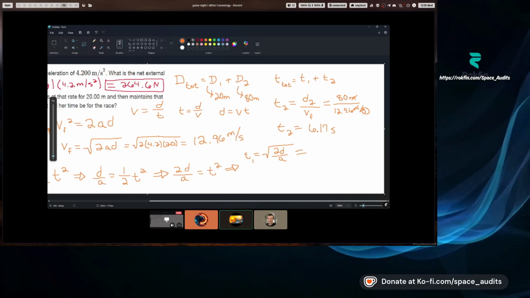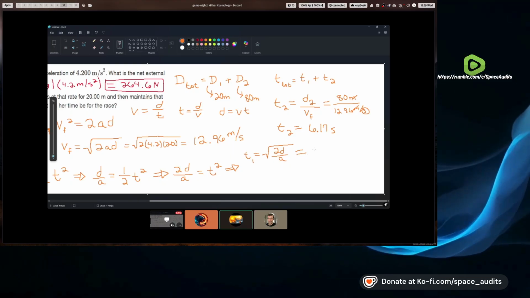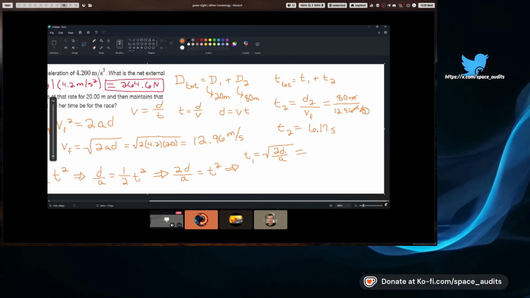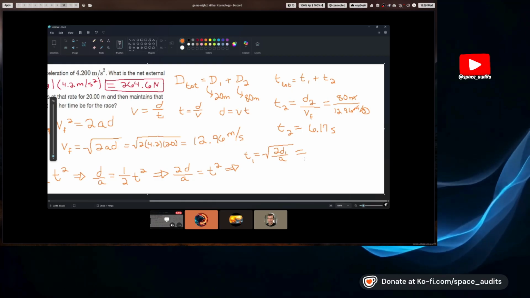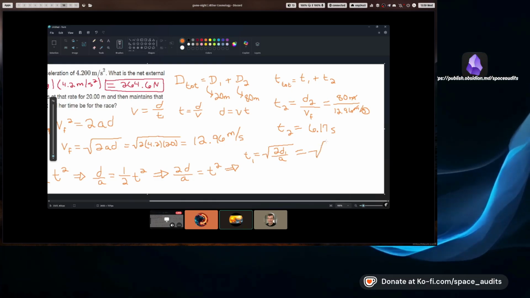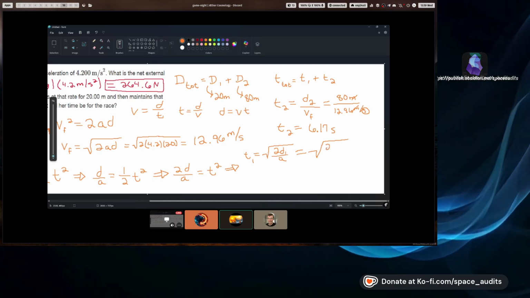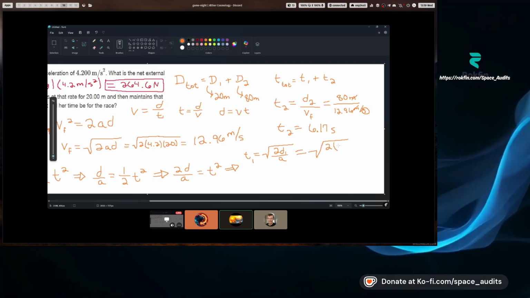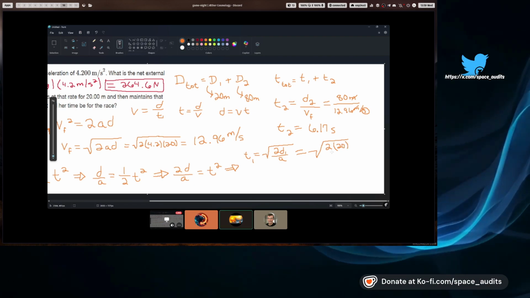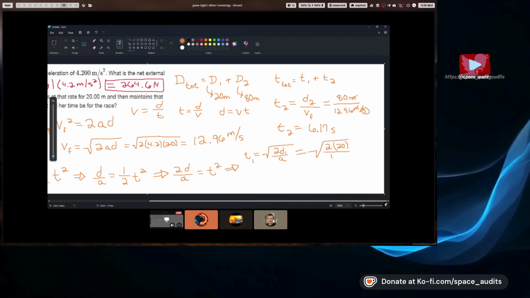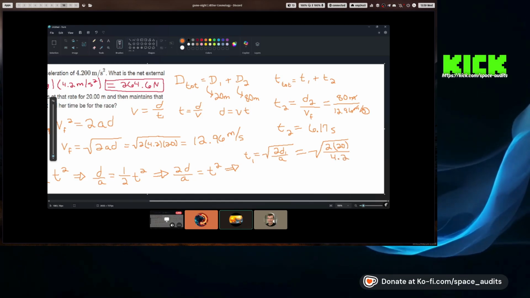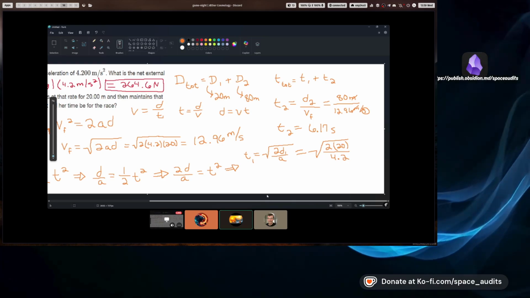This is for T1, by the way. So T1 equals the square root of 2D1 over A. So it equals the square root of 2 times 20 over 4.2, because that's the acceleration.